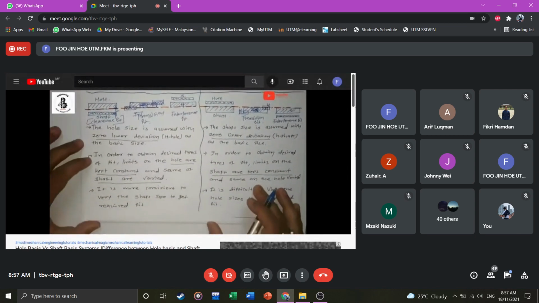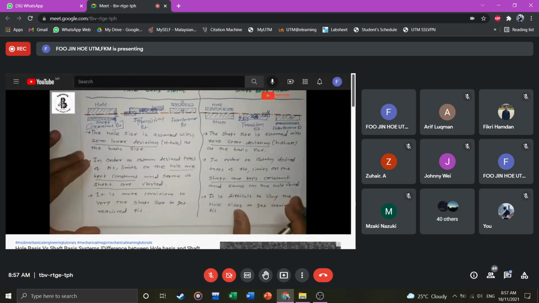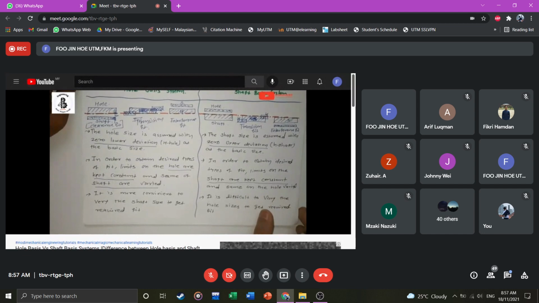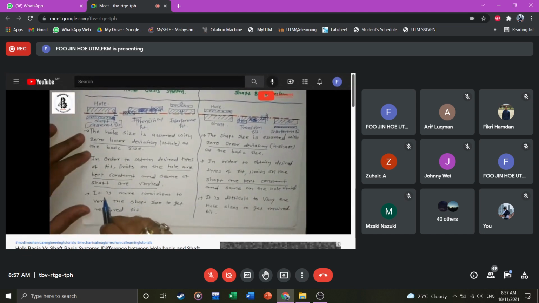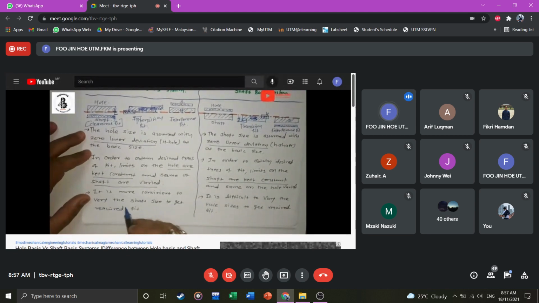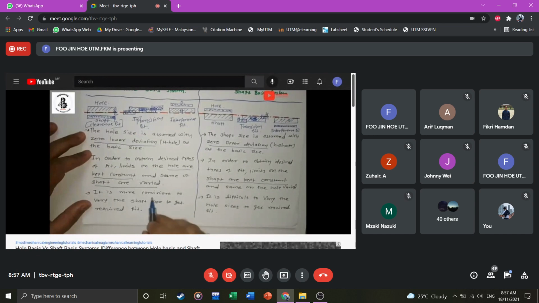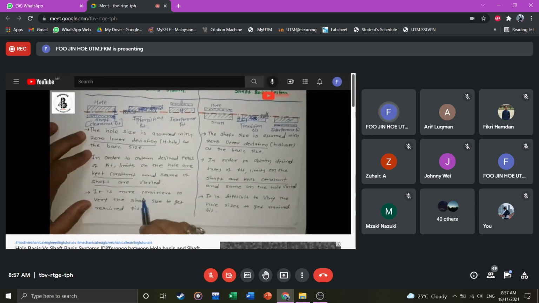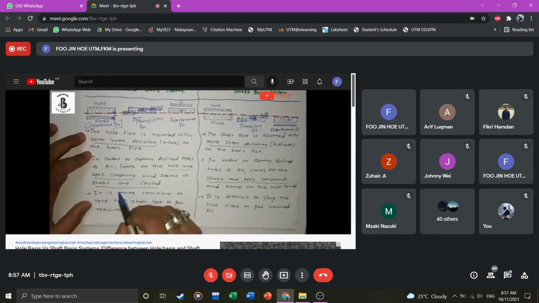Now for details, to control the hole basis and shaft basis systems: for the hole basis system, it is more convenient to vary the shaft size to get the required fits. That is the convenient method for assembly.